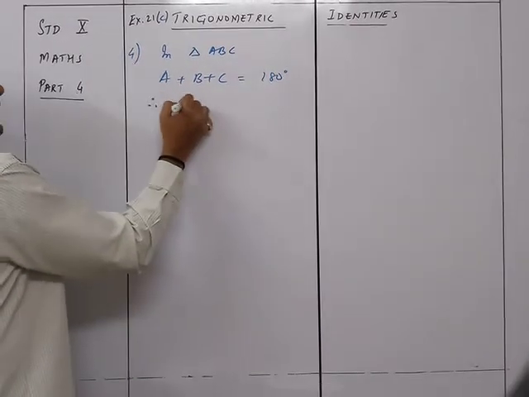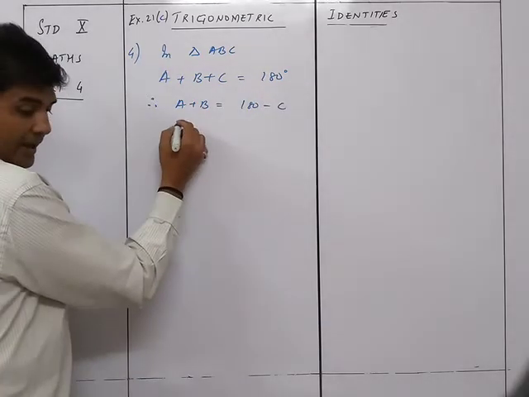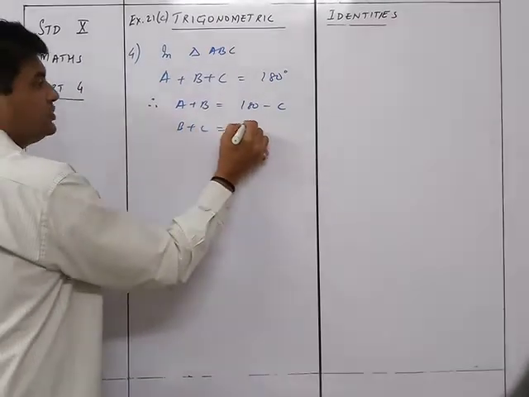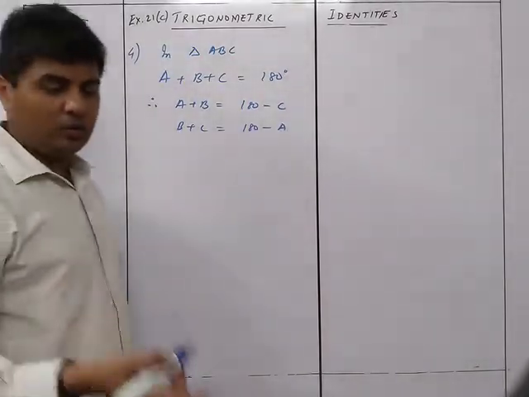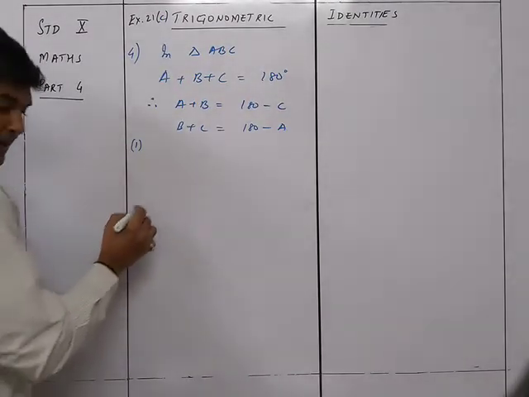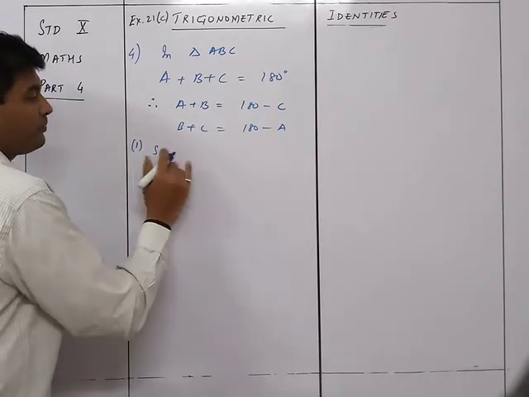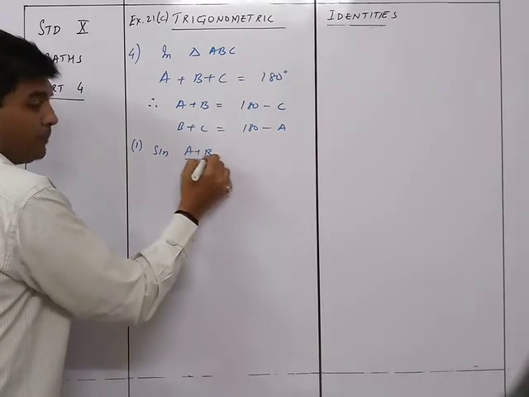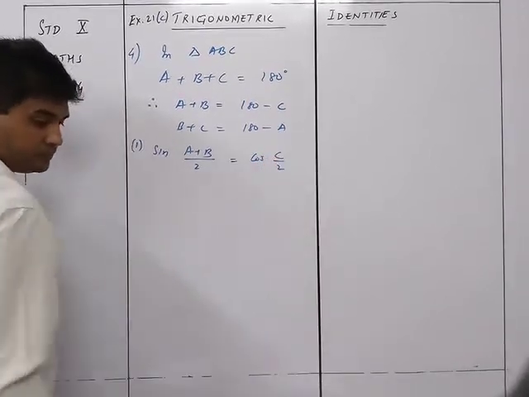Therefore, A plus B is equal to 180 minus C, and B plus C is equal to 180 minus A. We will be requiring this in the two questions. So the first part is sin of A plus B upon 2 is equal to cos C upon 2.